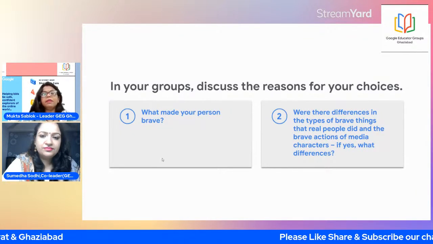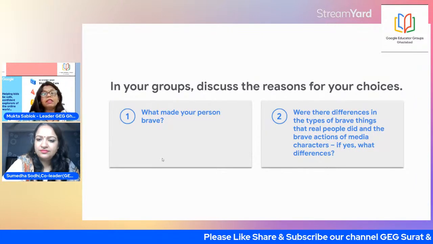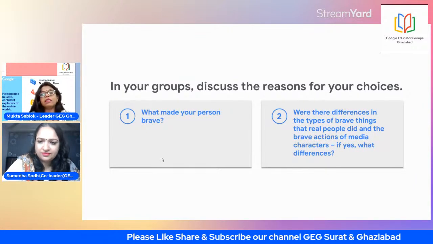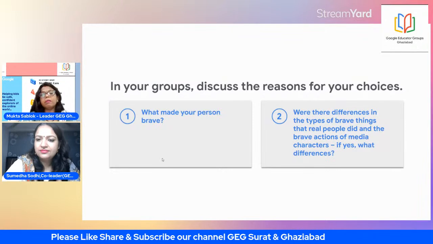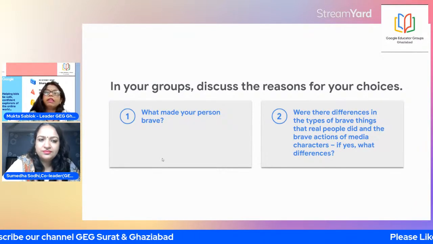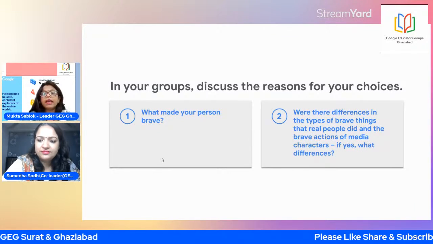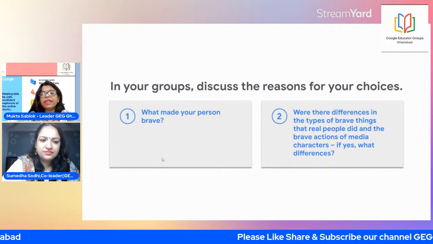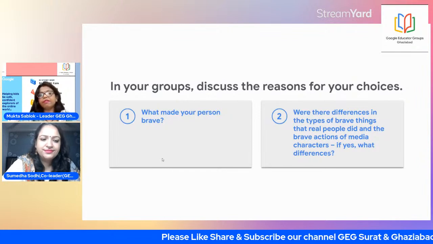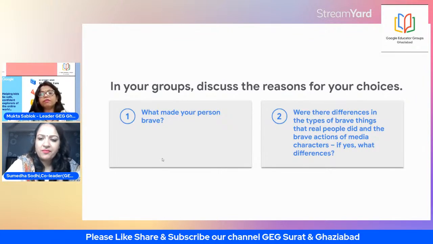For example, what made your person, like Narendra Modi ji, whom you have answered, or you have answered many more from history also. So what made that person brave? What things have they done which make you feel that this person is or was brave?